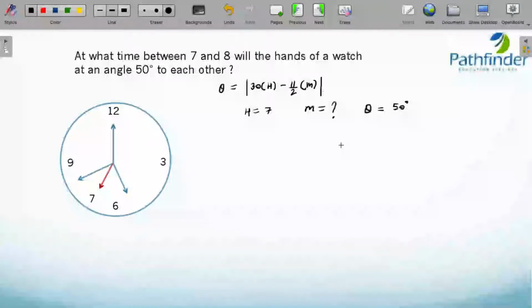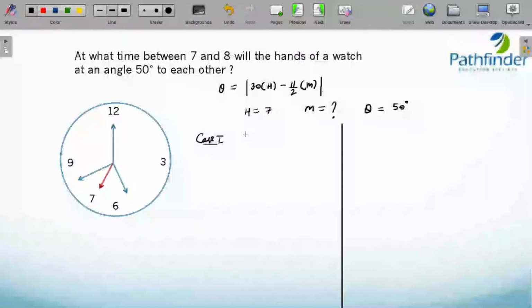And now we will have to solve it in two parts because we will have to solve a mod equation. For all those who don't know mod equation, we'll have a look at the session on how to solve a basic modulus equation. So before you understand how to solve that equation, please take a look at how to solve a basic modulus equation. So theta is equal to 50 degrees. This is case 1.